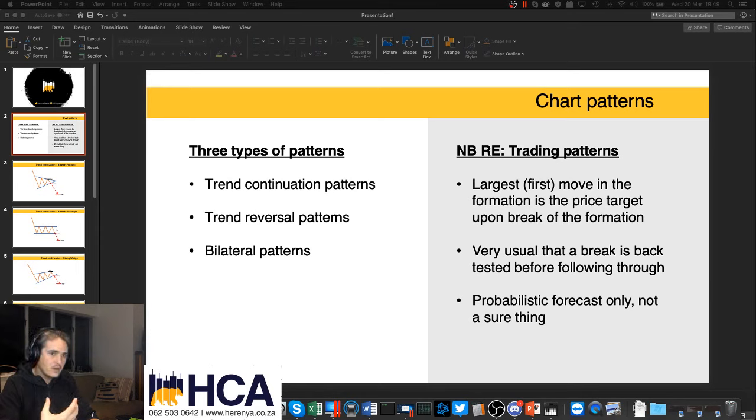So I'm going to attempt to show you some of the thinking behind how some of these patterns are formed. But it is important to note that these are probabilistic forecasts only and not guaranteed, okay? Because they are technical and based on people interacting with each other, and they're backward looking.